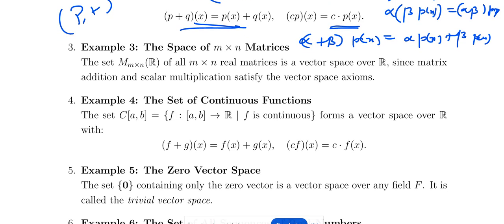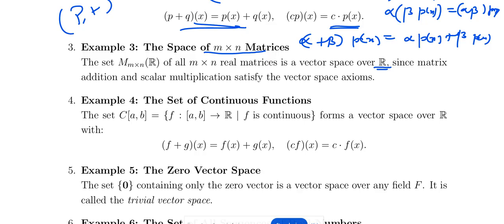Another example: the space of m by n matrices. So the collection of m by n matrices with real entries, over the field R, where R is the field, the set of real numbers. The matrix addition and scalar multiplication of a matrix we know.